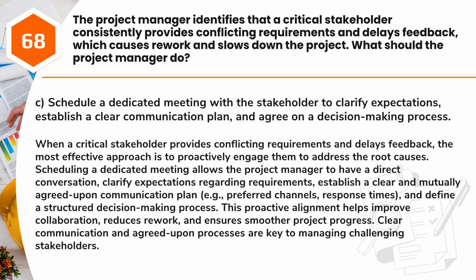Scheduling a dedicated meeting allows the project manager to have a direct conversation, clarify expectations regarding requirements, establish a clear and mutually agreed-upon communication plan, e.g., preferred channels, response times, and define a structured decision-making process. This proactive alignment helps improve collaboration, reduces rework, and ensures smoother project progress. Clear communication and agreed-upon processes are key to managing challenging stakeholders.